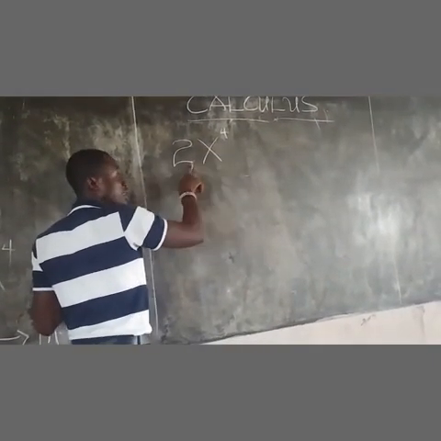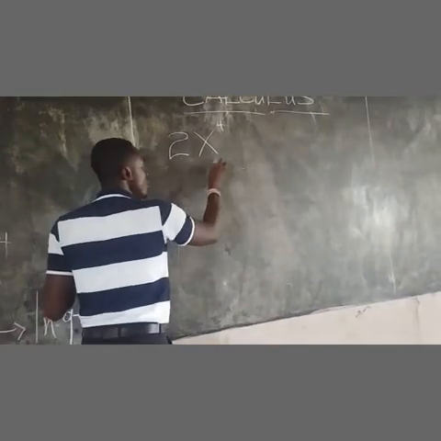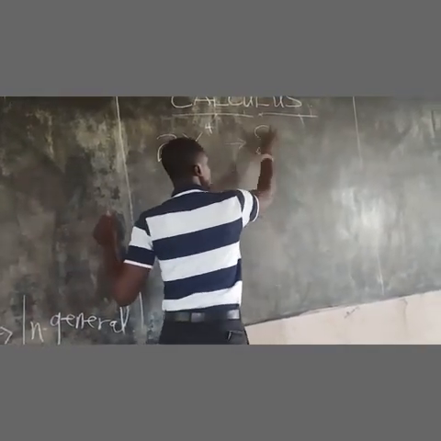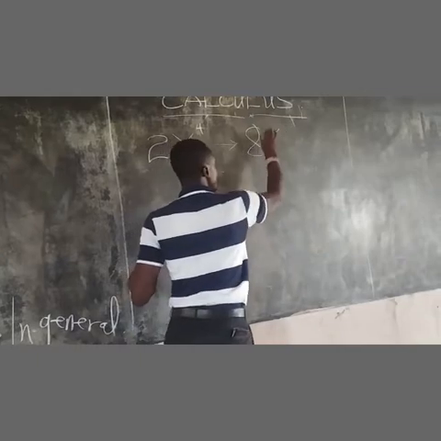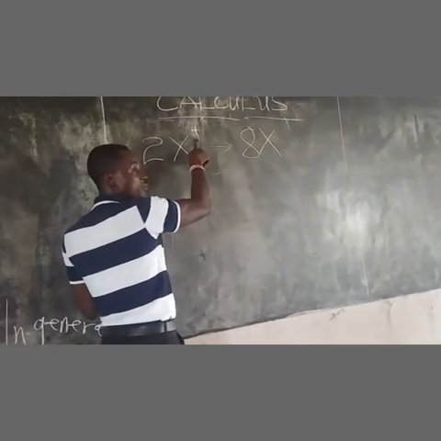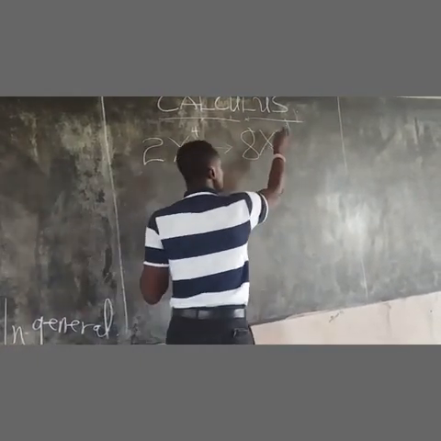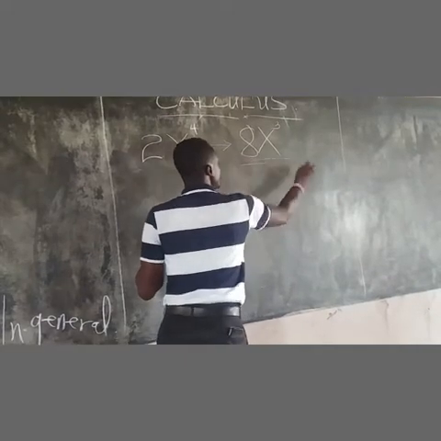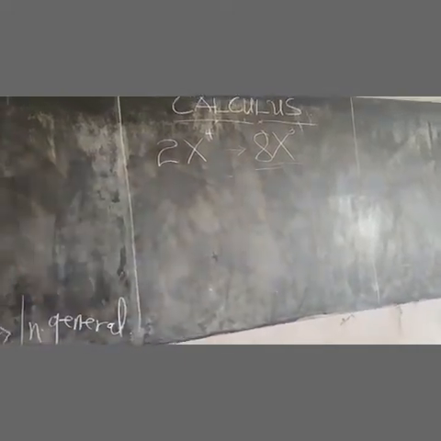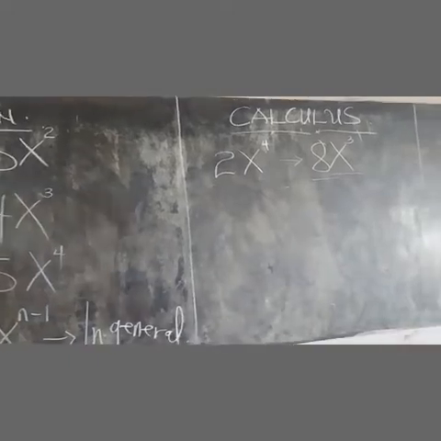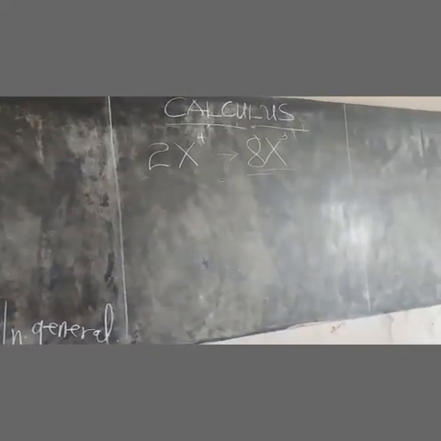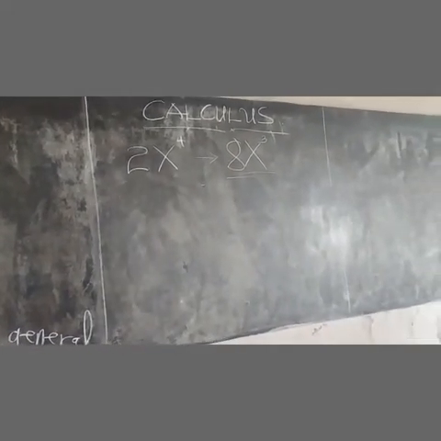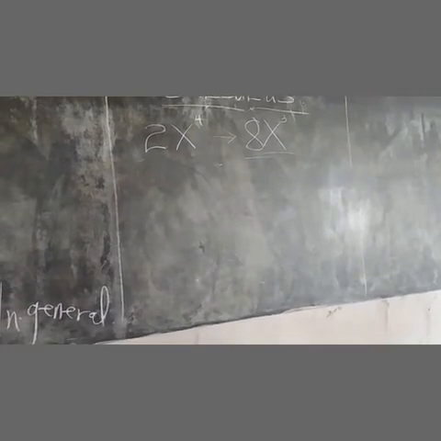So 4 times 2 will give you 8. Then you write your x. What will you do to the exponent? Take 1 from it, so this will become exponent 3. That is what we call differentiating with respect to the variable in question.